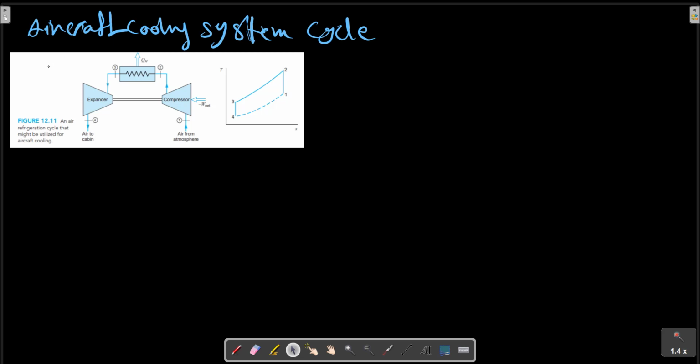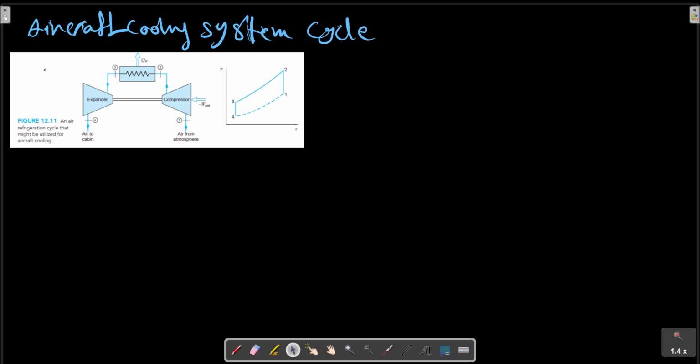Upon leaving the expander, the cool air is blown directly into the cabin, providing cooling effect where needed. When counterflow heat exchangers are incorporated, very low temperatures can be obtained.